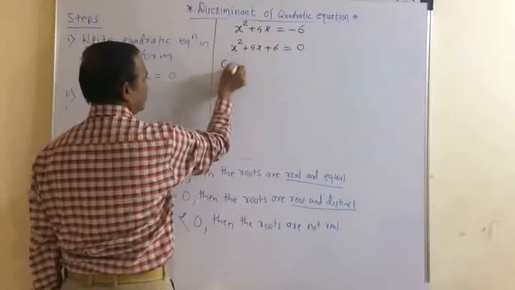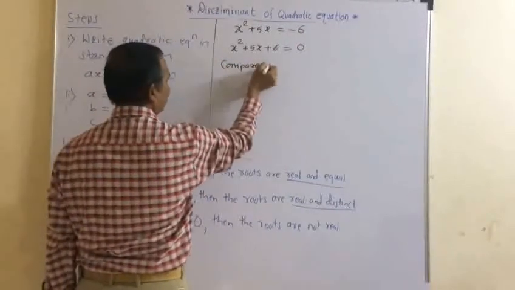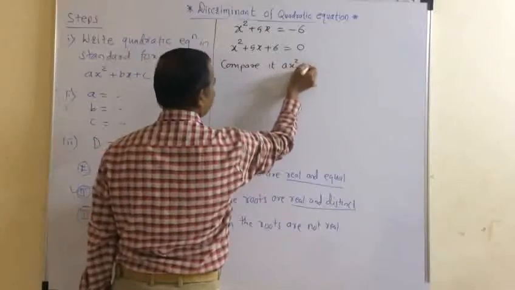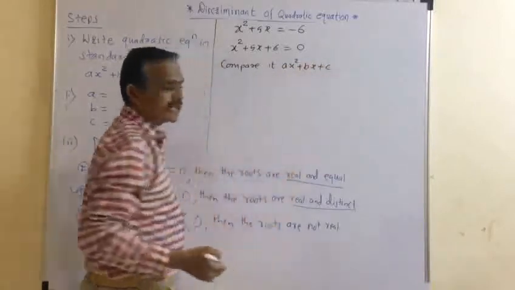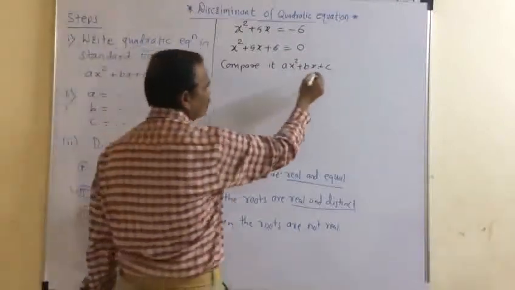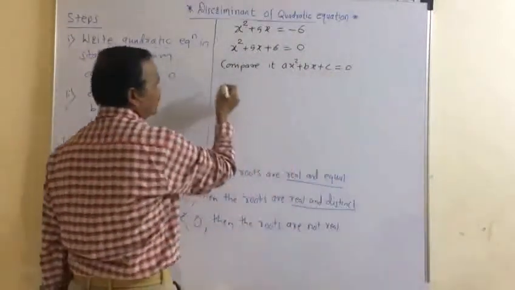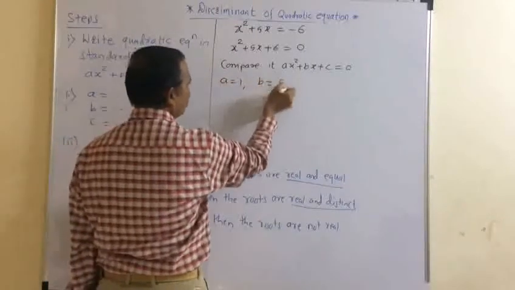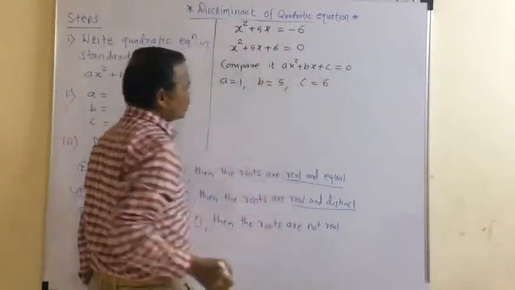For the second step, we compare it with ax square plus bx plus c equals 0 and write a equal to 1, b equal to 5, and c equal to 6.